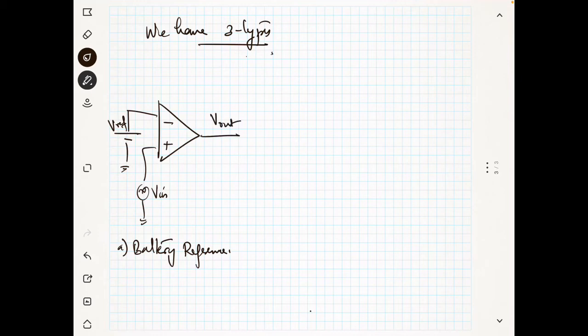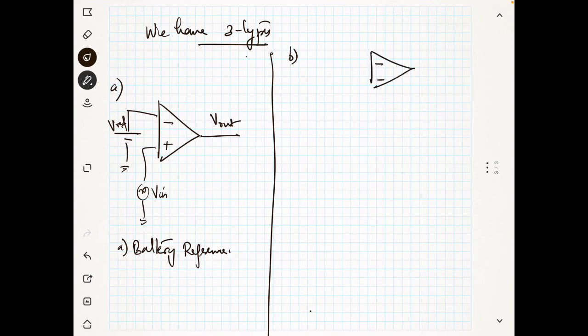Next is another type you will be using. The earlier one is circuit A, and this is circuit B. You will be using minus, plus, V in.